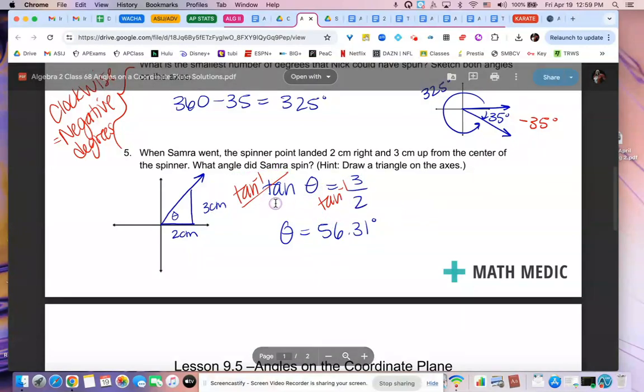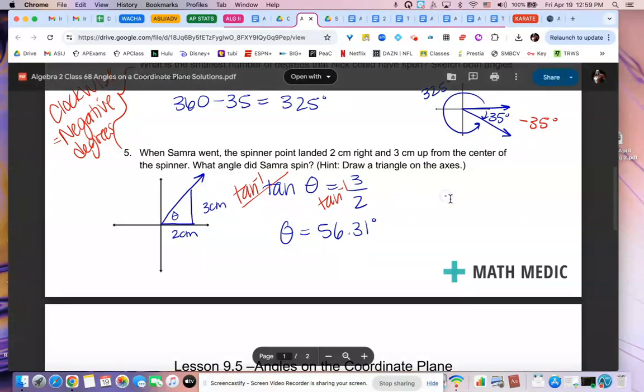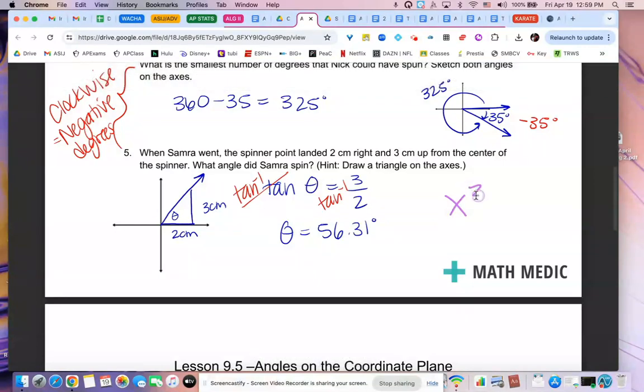right? Now, these don't cancel. I saw people saying the word cancel on their feedback quizzes and tests and stuff. It's not canceling. That's not what's happening. What's happening is they're undoing each other. Just like if I have x squared and then I take the square root of it. Actually, let me use an actual number, like 5.